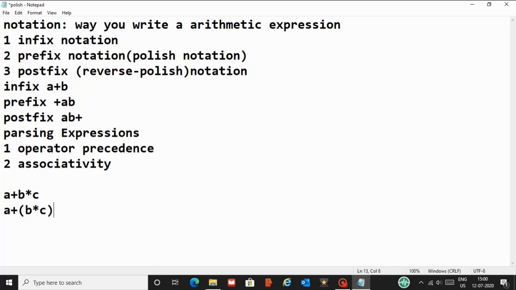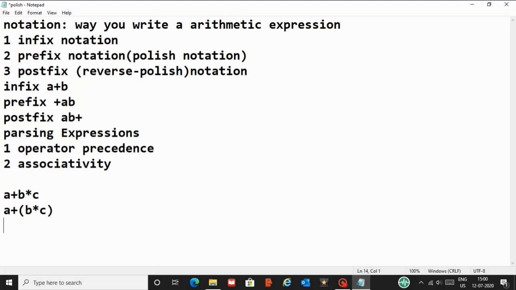Before showing a table of operator precedence, let me also talk about associativity. What is associativity? Associativity describes the rules where operators with the same precedence appear in an expression.